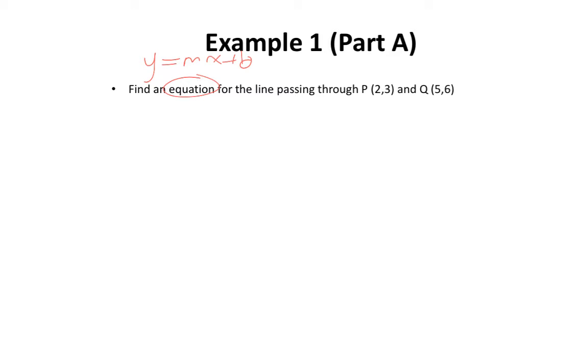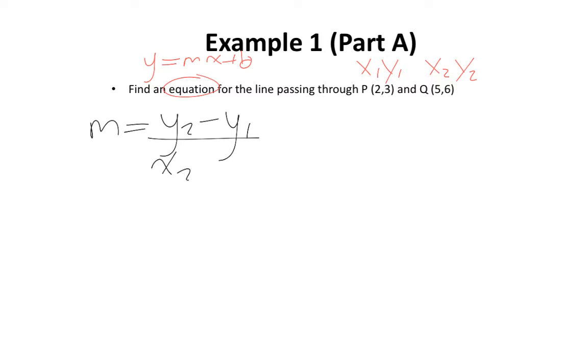We can find the slope since we have 2 points, P and Q. I'm going to call this x1 and y1, and this x2 and y2. Let's start with our slope equation, which is m is equal to y2 minus y1 over x2 minus x1.